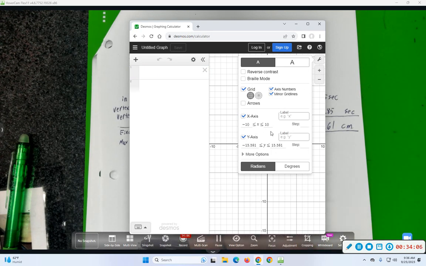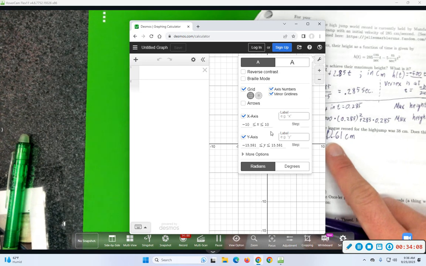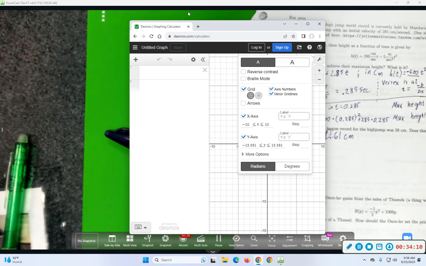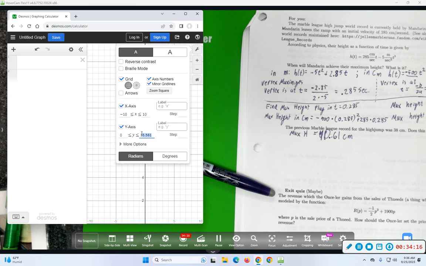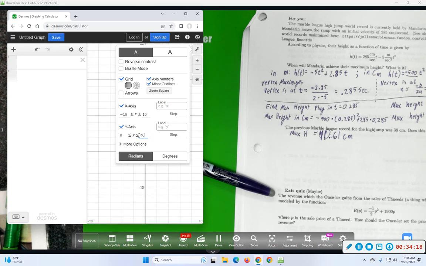So the max height is 40-ish. So you'll set your viewing window in whatever calculator you are using. I like Desmos. There, that should be a viewing window that lets us see how high the vertex is. And the vertex occurs at 0.285 seconds, so let's go from 0 to 0.5 in the x direction.